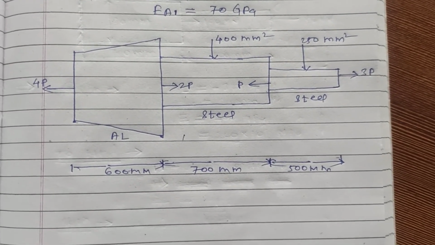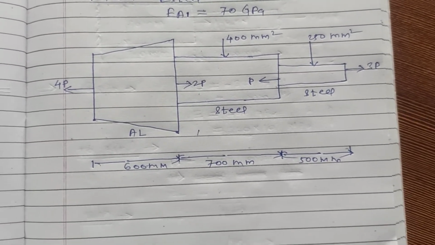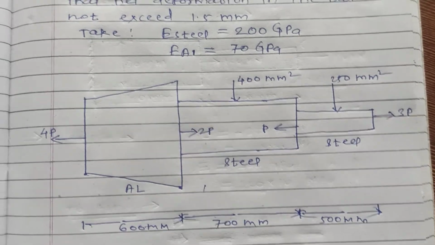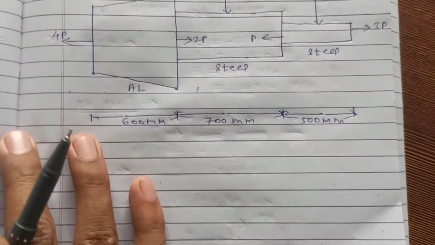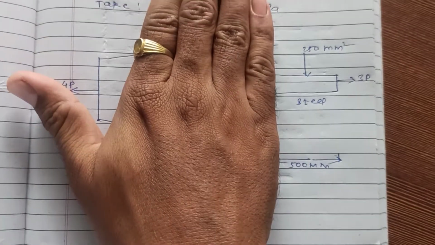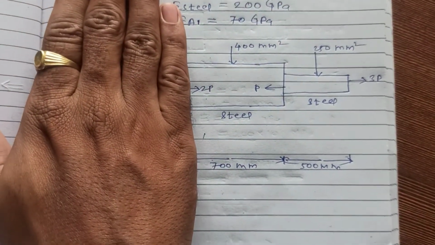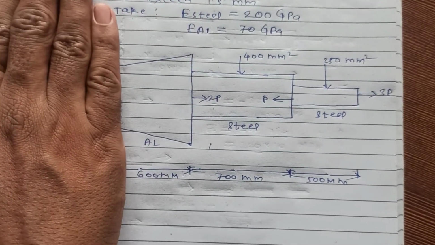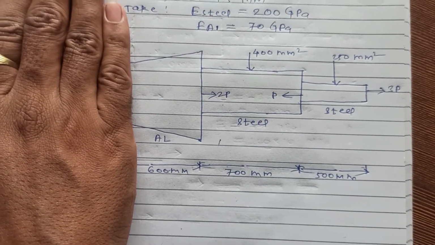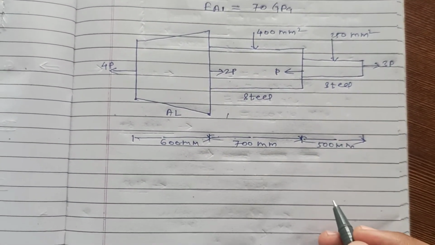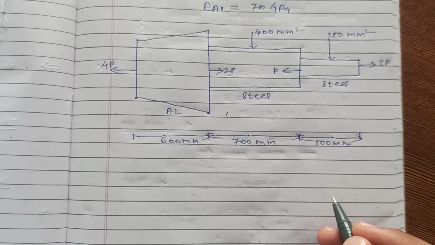So we will draw the free body diagram. In a similar way, first of all, keep your hand here, consider the forces to the right side. Next step, keep your hand here, consider the forces to the right side. And last step, keep your hand here, consider the forces to the right side.